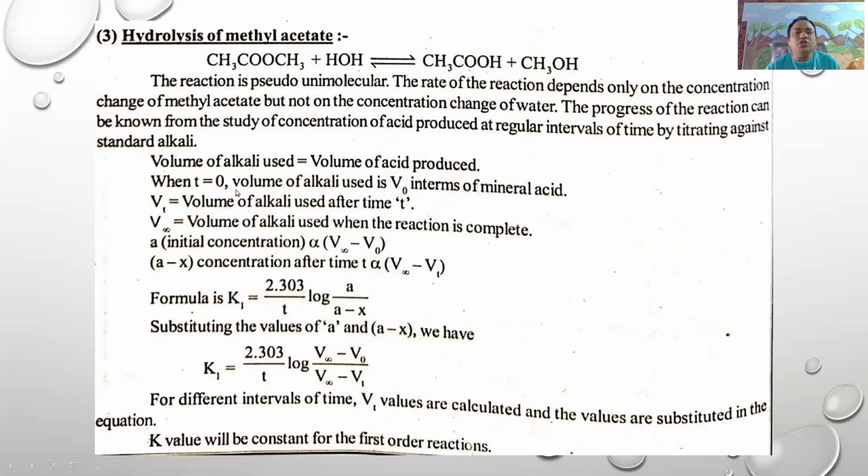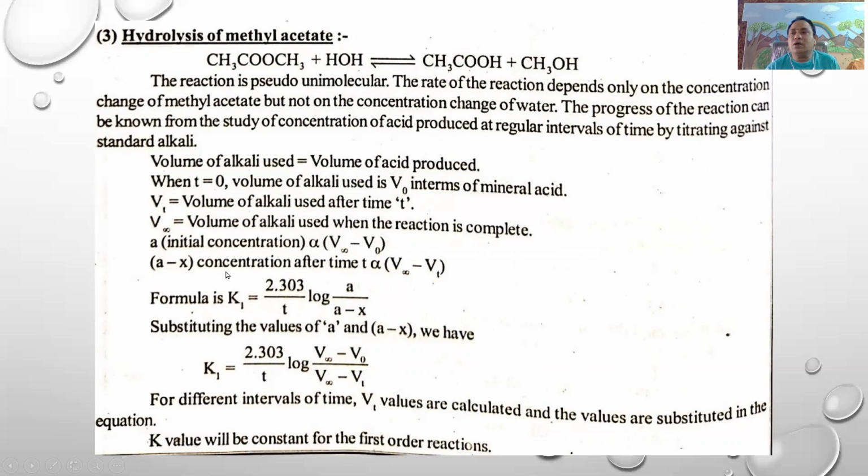When time is 0, the volume of alkali used is V0 in terms of mineral acid. Vt is the volume of alkali used after t seconds. V infinity is the volume of alkali used when the reaction is completed. A is the initial concentration, which is directly proportional to V infinity minus V0.